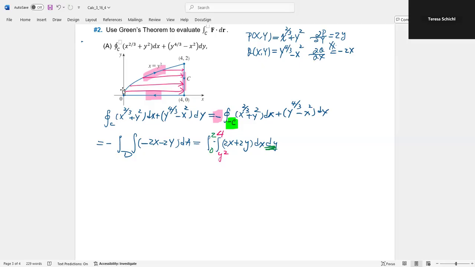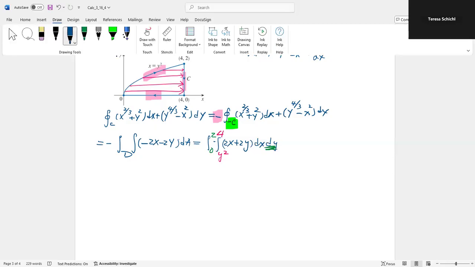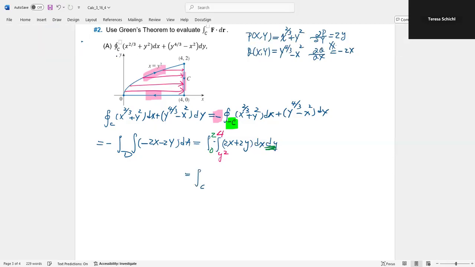So this integration becomes a pretty easy integration. Now you can just do what we did before. This is from 0 to 2, and the antiderivative is x squared plus 2xy. Then you input the upper bound minus the lower bound, then take a look at the dy afterward.